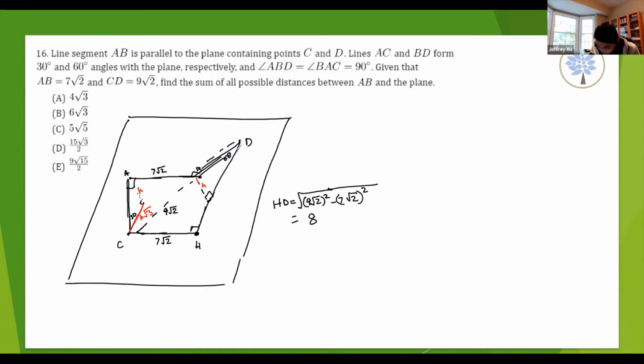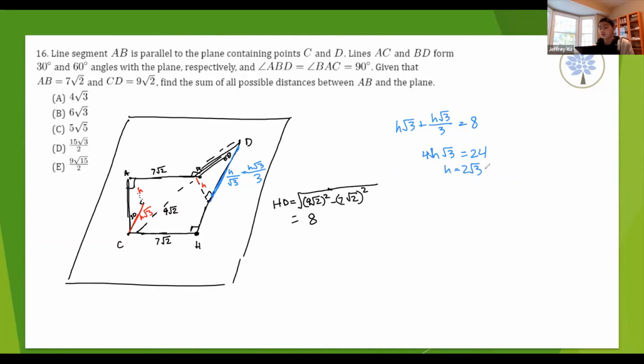So this blue part will be equal to h over root 3, which is h root 3 over 3. So here we have h root 3 plus h root 3 over 3 equals 8, or 4h root 3 equals 24. So we get h equals 2 root 3.